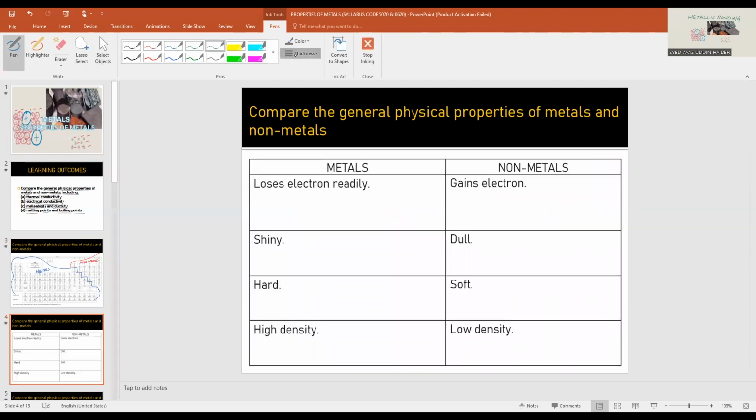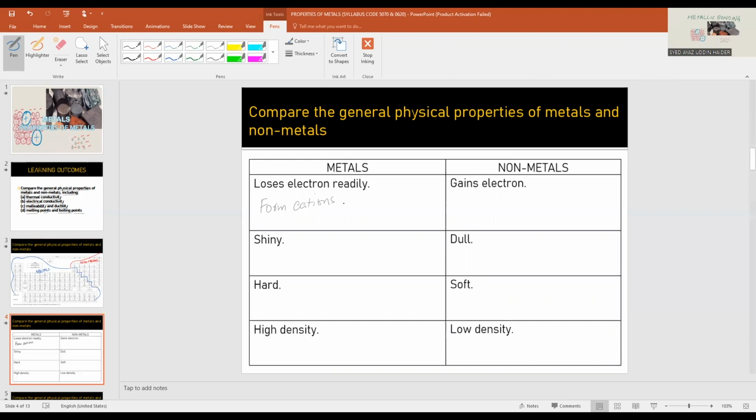Let's continue the lesson with some general physical properties of metals and non-metals. In fact, I'm going to compare them. Recall that metals have a tendency to lose electrons readily, which means they form cations. The reason is that they have fewer electrons in their valence shell, and it's easier for them to lose electrons to have a stable outermost shell.